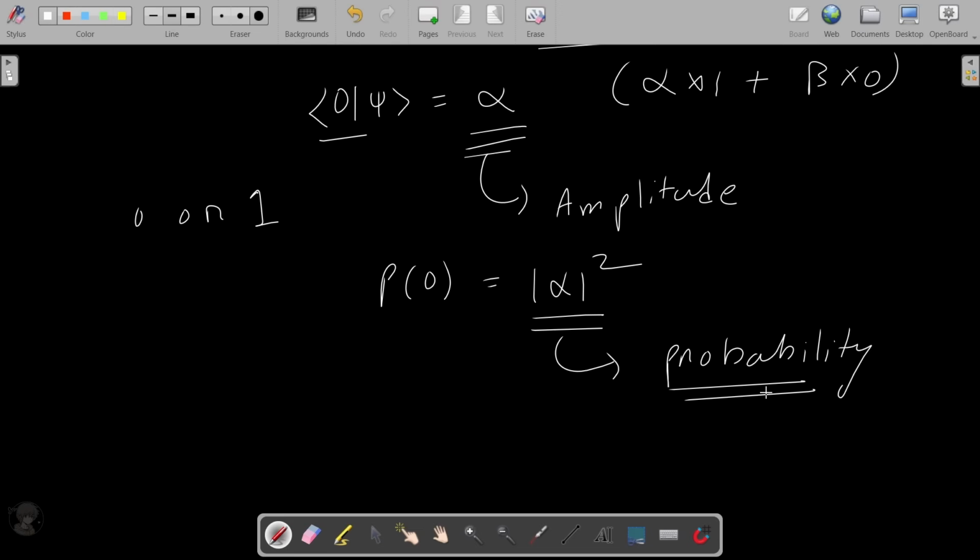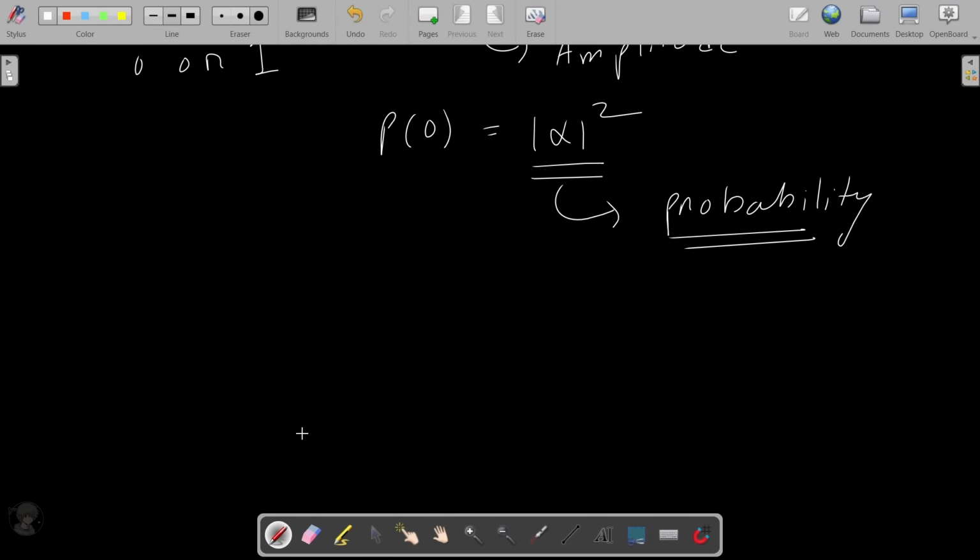So let me connect everything that we have learned so far. A qubit is a vector. Measurement asks how aligned it is with a basis direction. Alignment is found using dot product. Dot product gives amplitude. Square amplitude gives probability. So there is a powerful insight here.